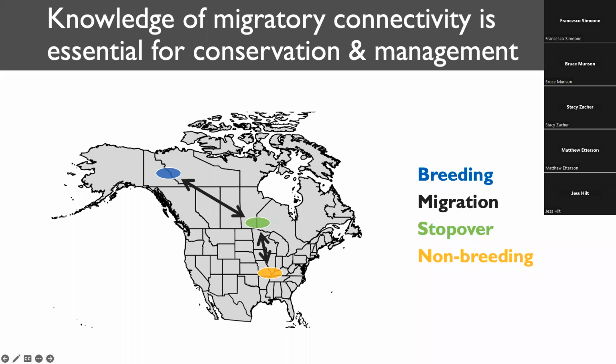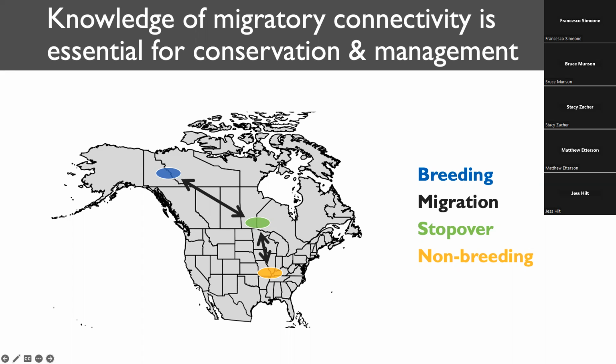So just to quickly put this into perspective, why is this all important? Well, for migratory species that use many different locations during a whole year, it's really important to be able to connect those locations in order to have effective conservation and management.